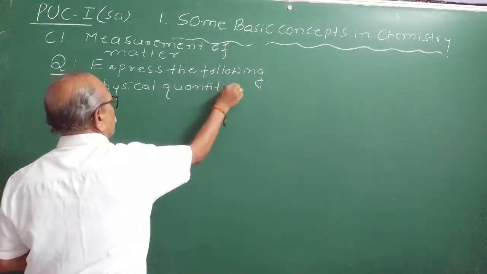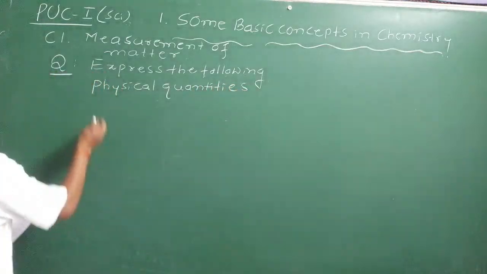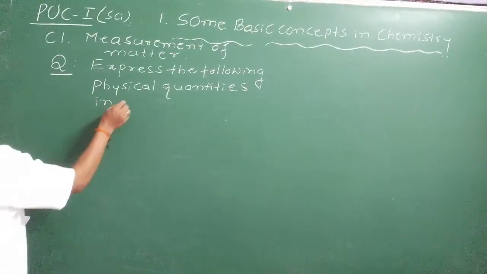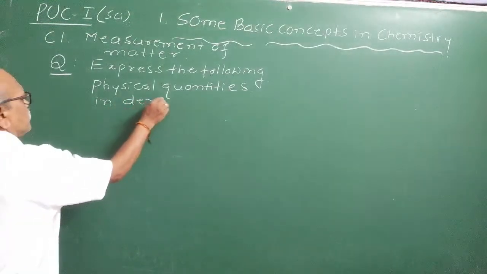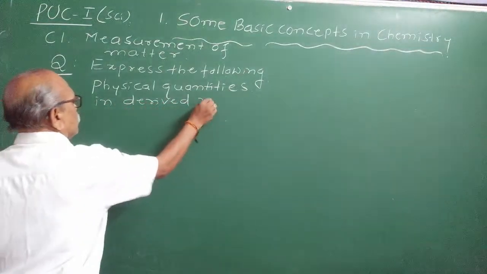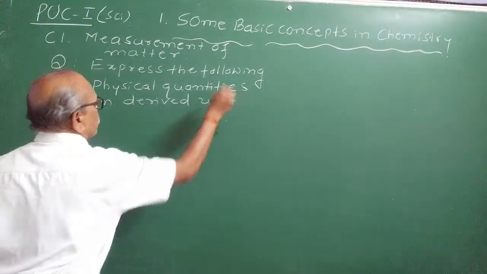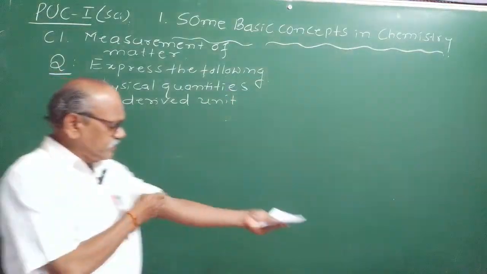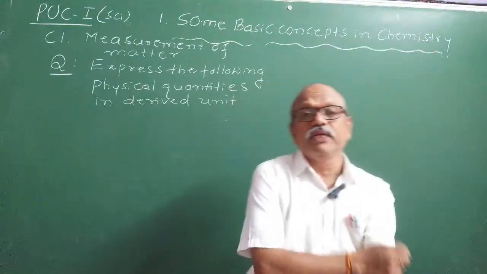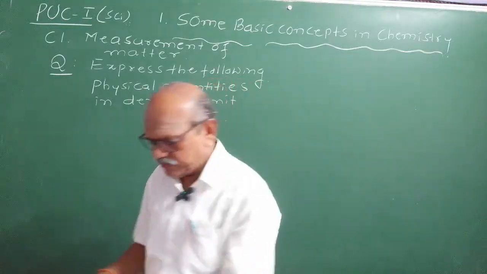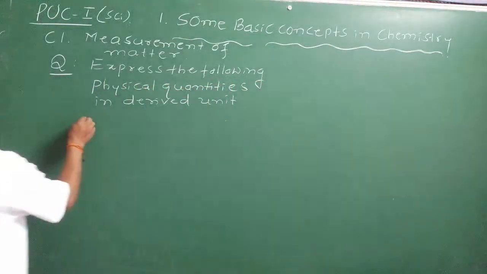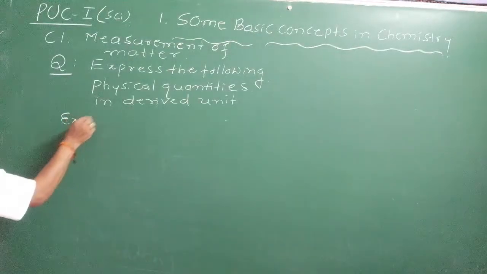Physical quantities may be scalars or vectors. They should be expressed in fundamental units. Derived units will be one example. One by one, we will go on taking.